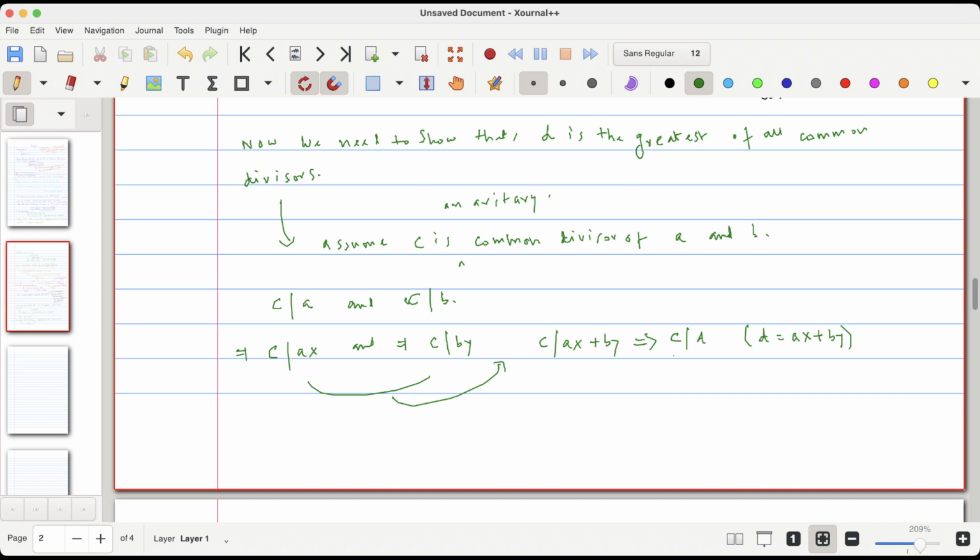Now, if a number divides another number, what does it mean? The divisor must be less than or equal to the dividend, right?